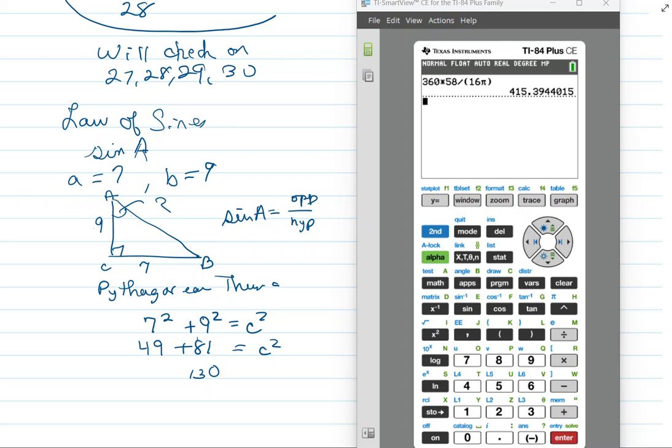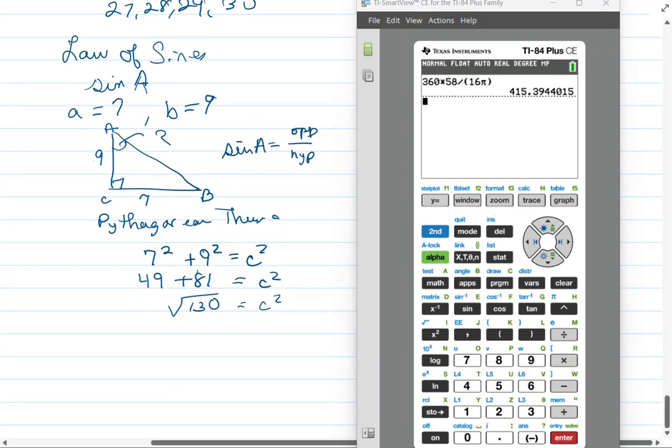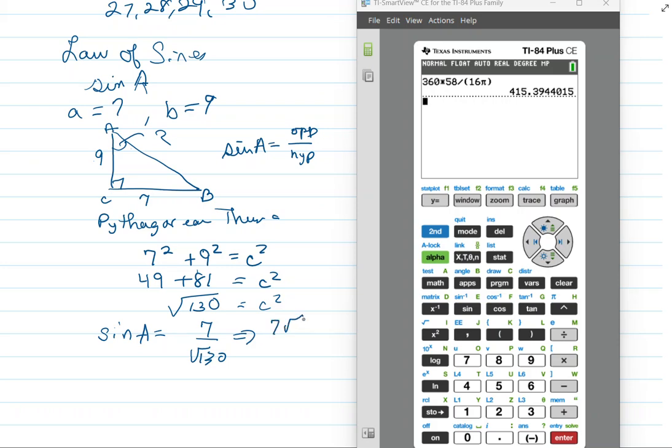All right, square root of 130. That's what it is, I guess. Okay, so opposite is 7. 7 over the square root of 130. So that gives us 7 square roots of 130 over 130, if I did the math right.